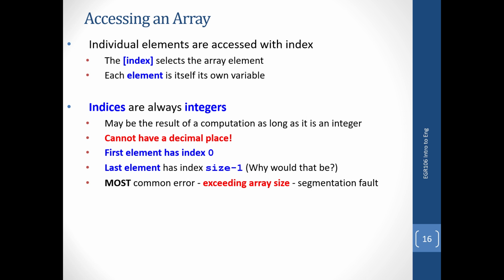We can't access the 2.5 variable in memory. So these are always going to be integers, even if I have it storing floats or doubles. Just to remind you, the first element is 0, and the last element is actually the total size minus 1, because we start at 0.